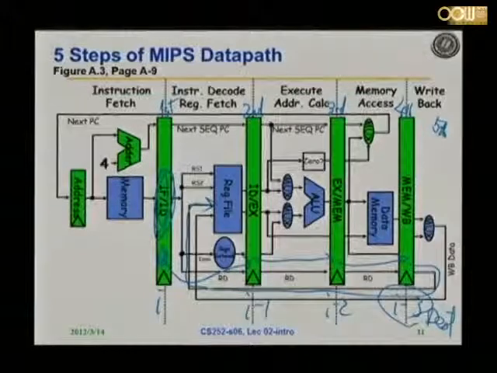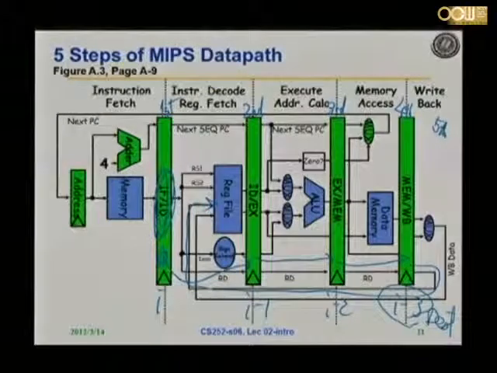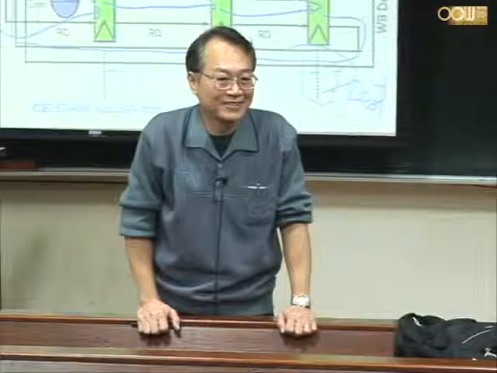Tell me, where's the 5th pipeline latch? My reasoning is there must be one. Otherwise, the result from the 5th stage can be stored nowhere. So there must be one. Where is it?